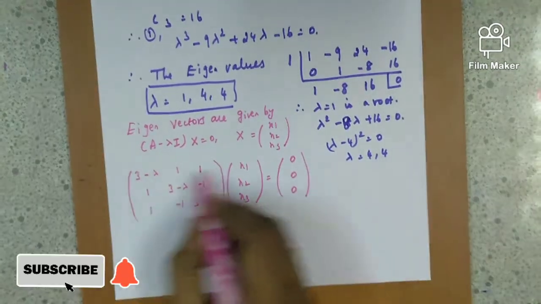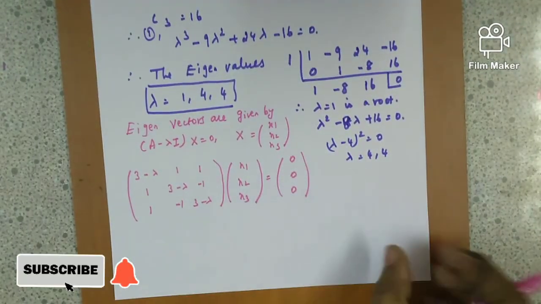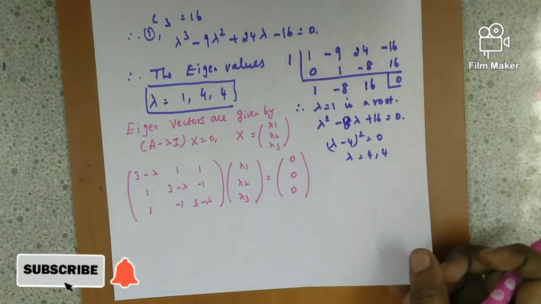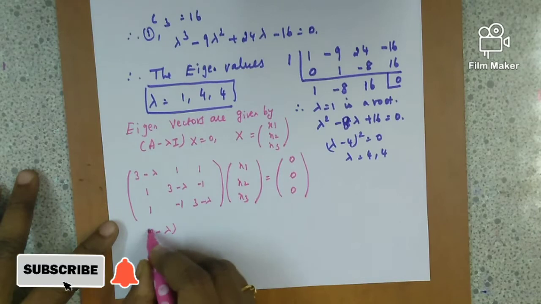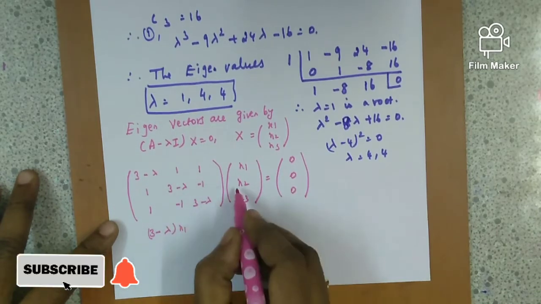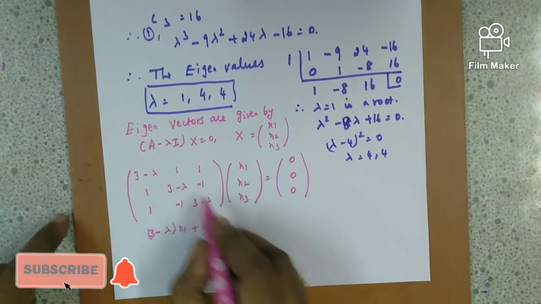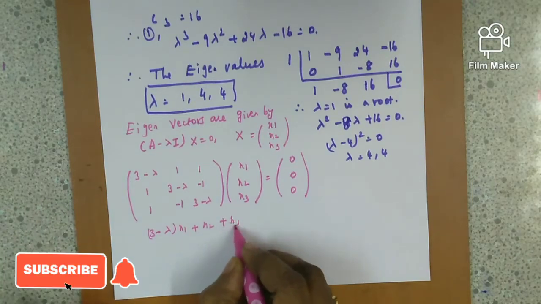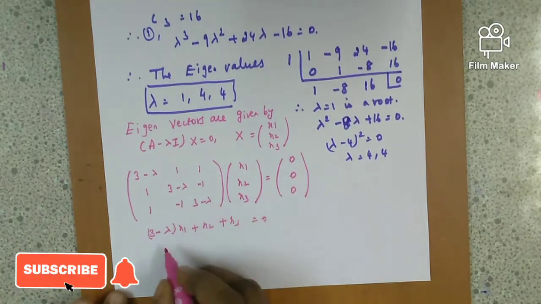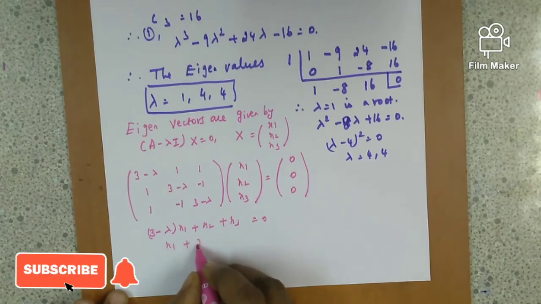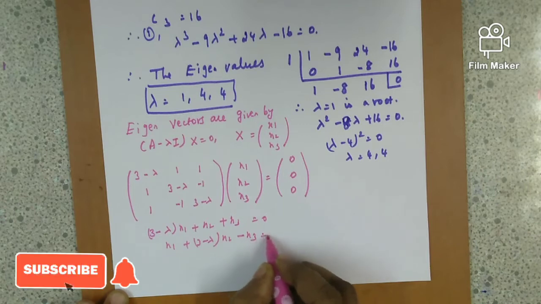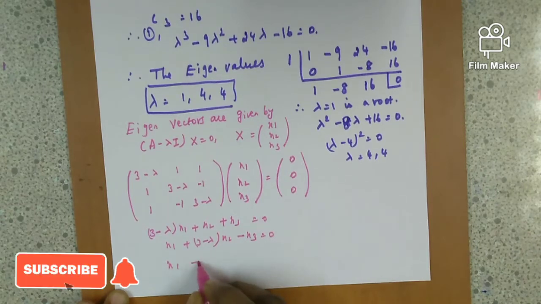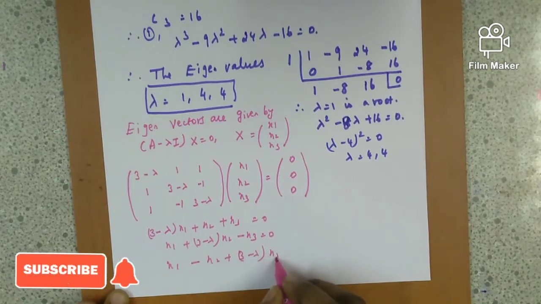Now we make a system of equations by multiplying this. (3 minus lambda) x1 plus x2 plus x3 equal to 0. Then x1 plus (3 minus lambda) x2 minus x3 equal to 0. Then x1 minus x2 plus (3 minus lambda) x3 equal to 0.